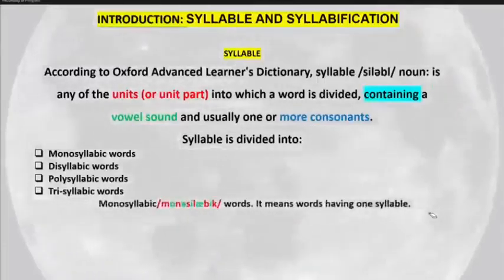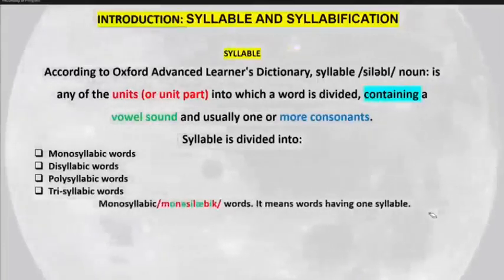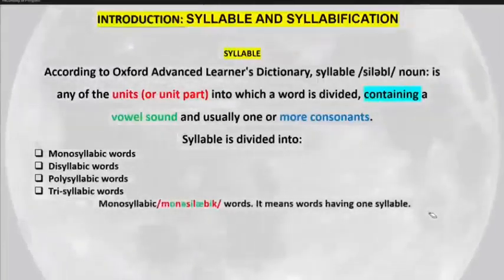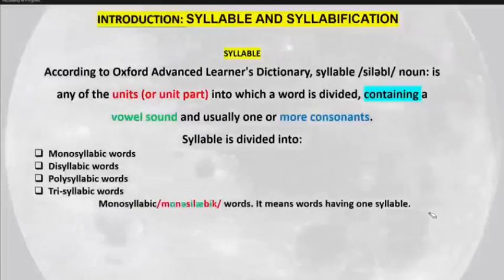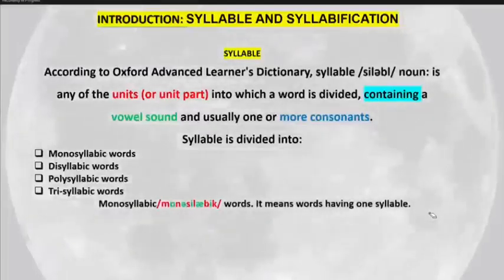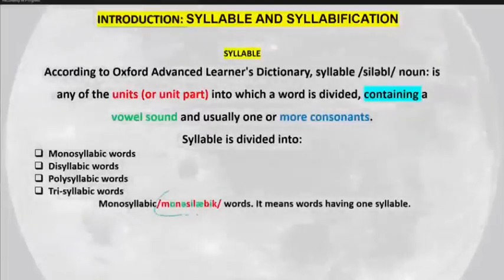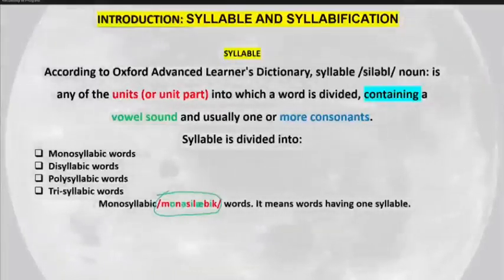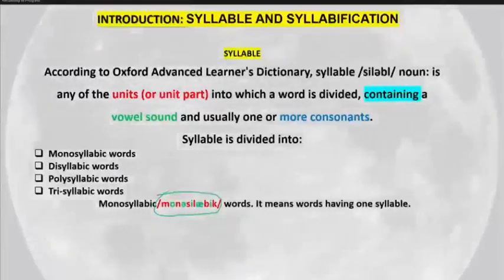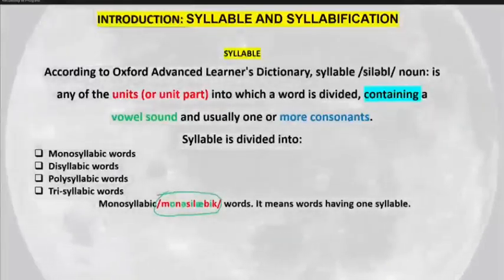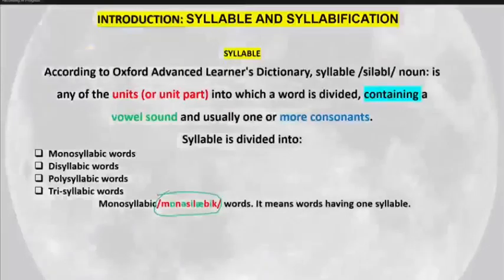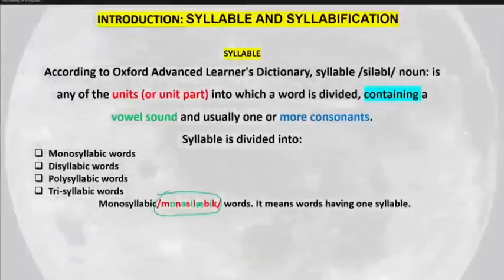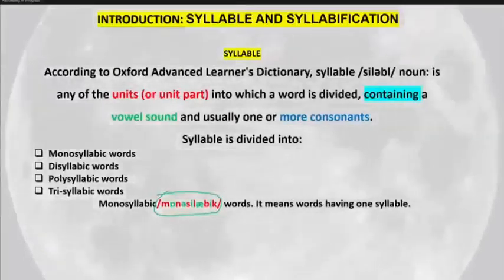Now for monosyllabic words, look at the phonetic transcription offered here. You realize that the sounds in green font are vowels within each syllable, and immediately after a vowel, you have another syllable.